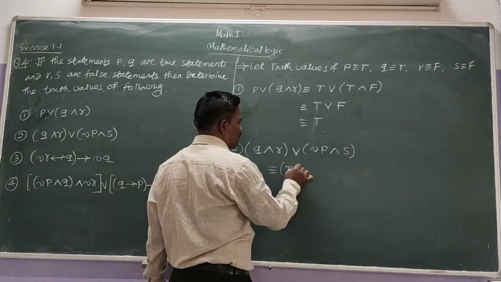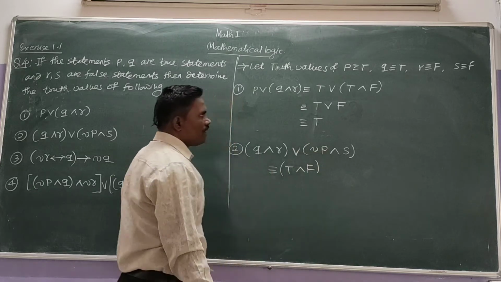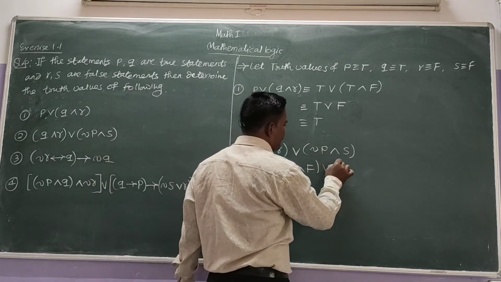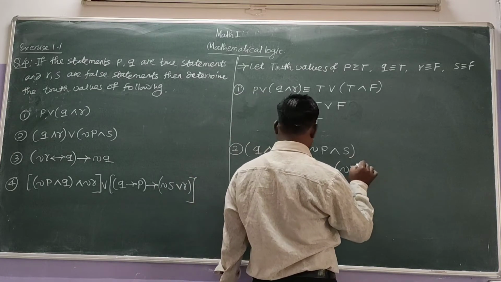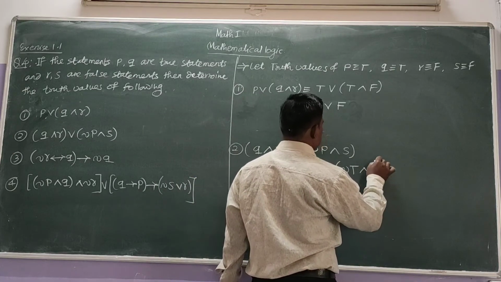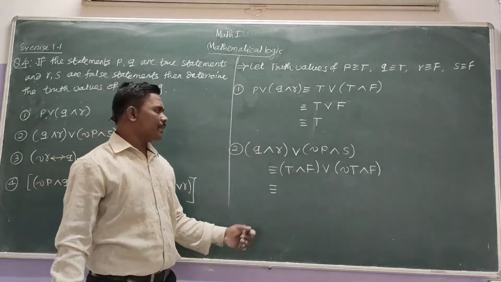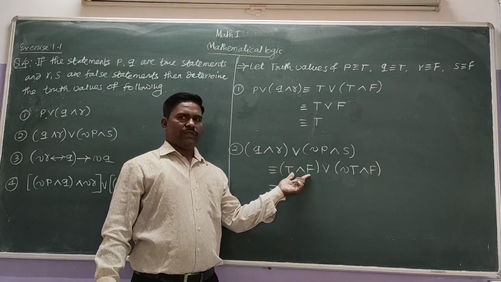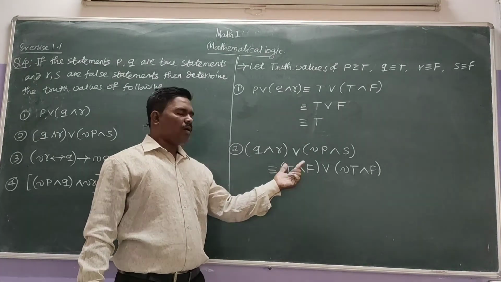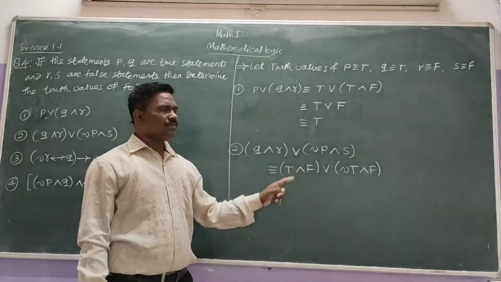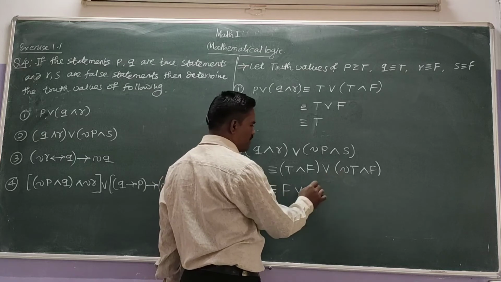Q is true, conjunction R is false, bracket complete, disjunction, negation of P, conjunction S is false. Firstly solve the bracket: true conjunction false, using the truth table of the conjunction, is false.